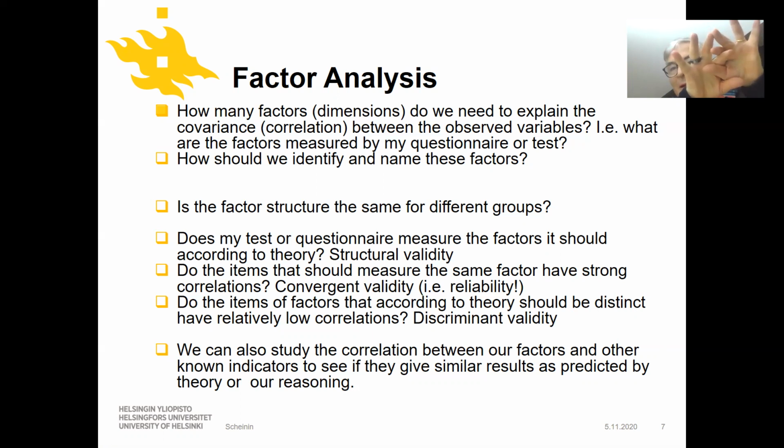So that would be an indicator that you have not managed to separate these two factors. But if you change the wording of your items, you may get them to focus better on the things that you are trying to measure. So that would be discriminant validity.